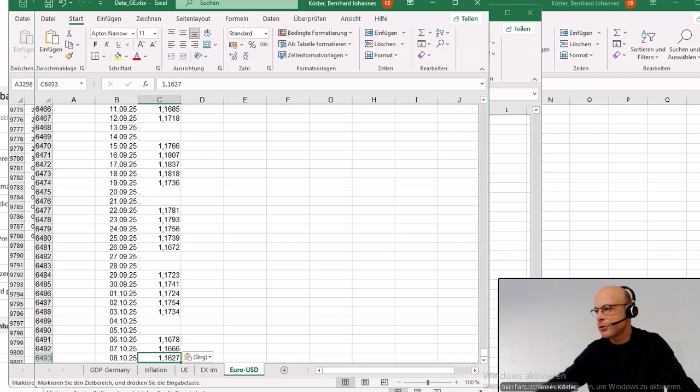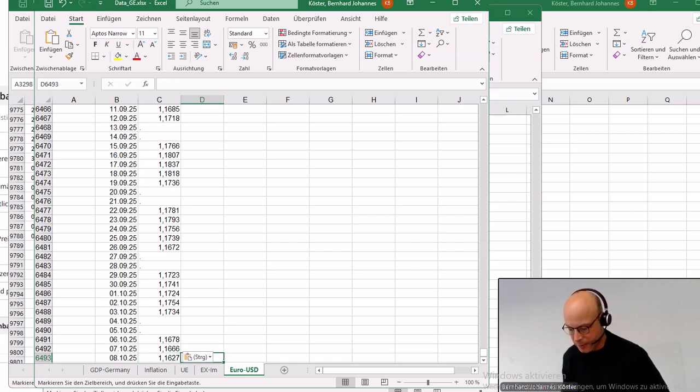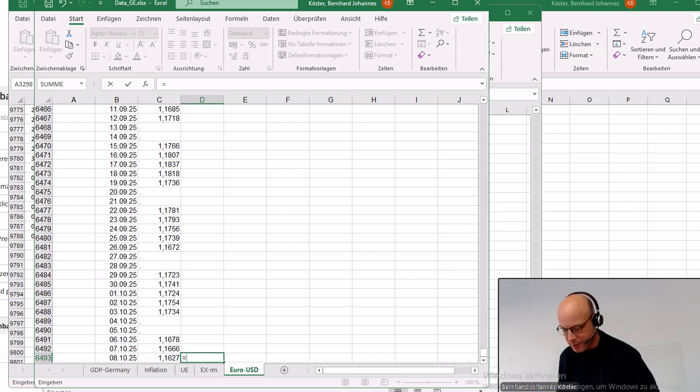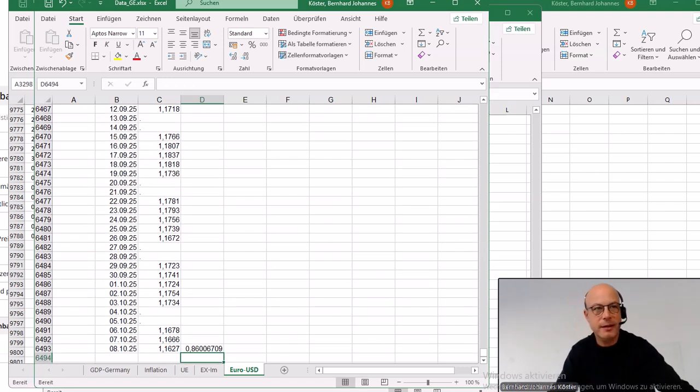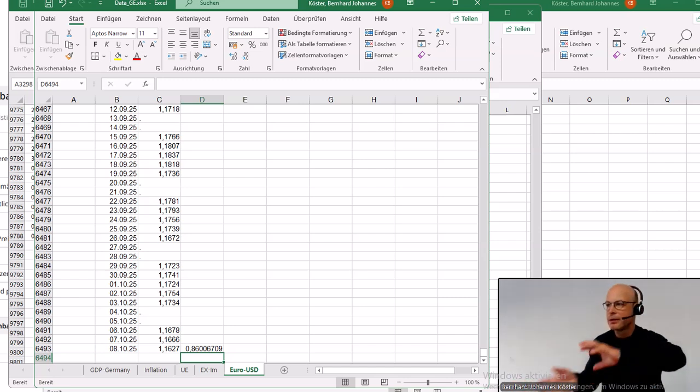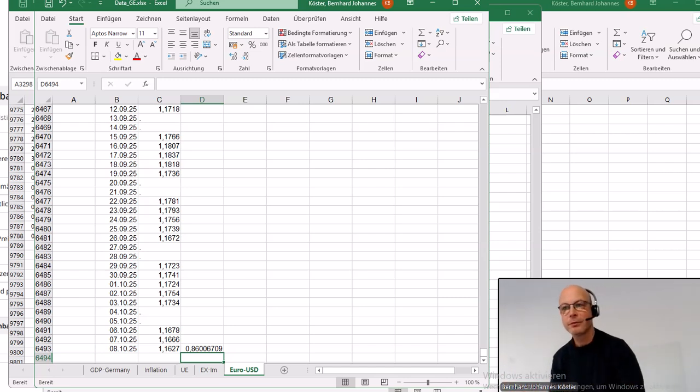But if you go to US American web pages, there you won't find a 1.16, but you will find the reversion of this, an exchange rate of 0.86. Well, the reason for this is you just change the view. The Americans look at us and we look at the Americans.